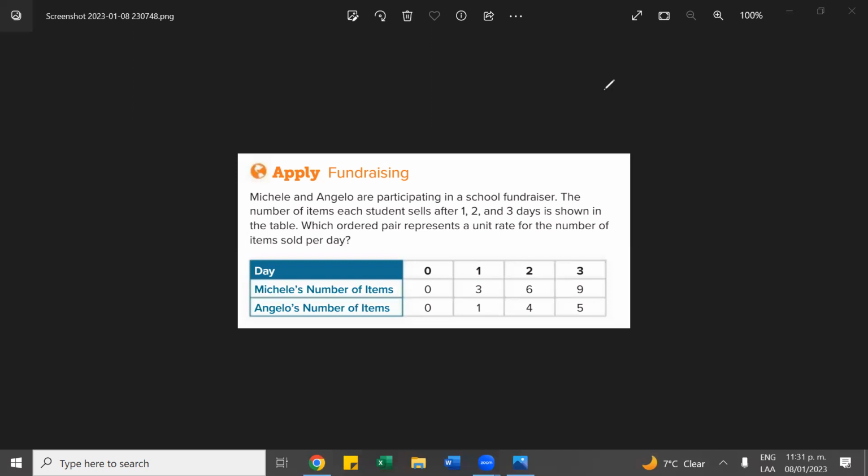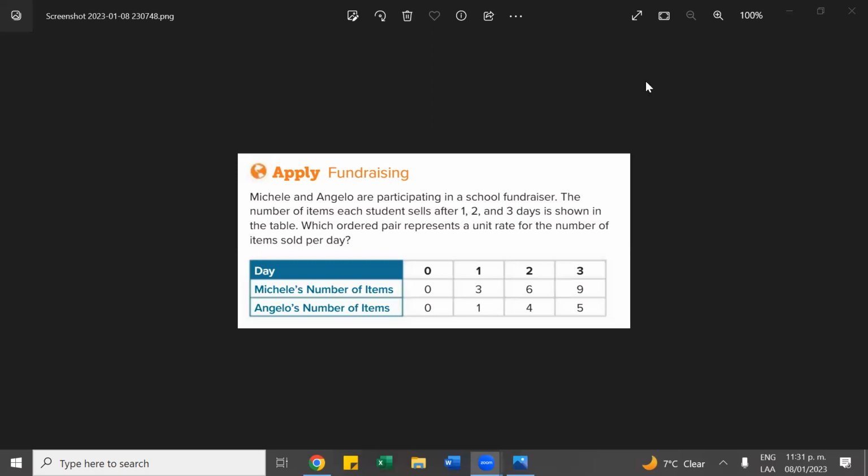We need to find which of these ordered pairs represents a unit rate for the number of items sold per day. So how do we do it?